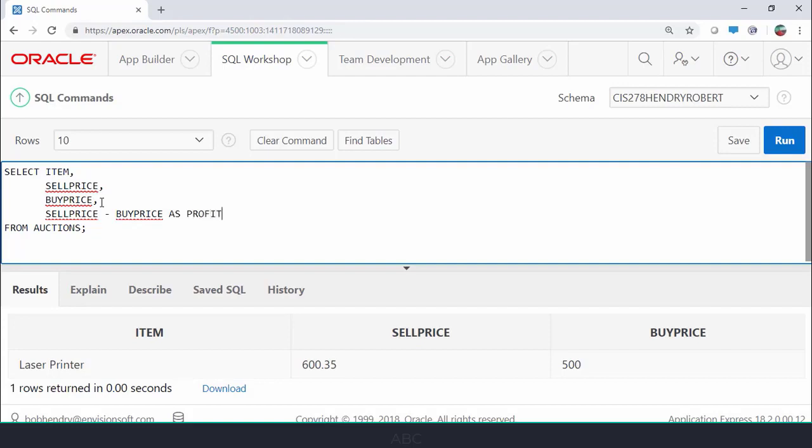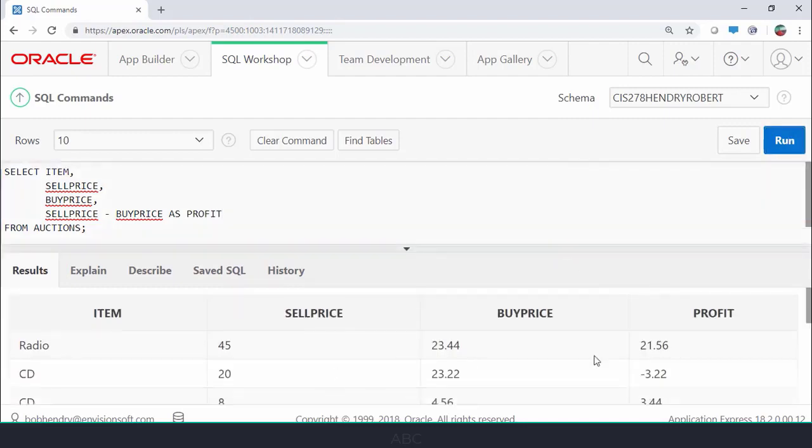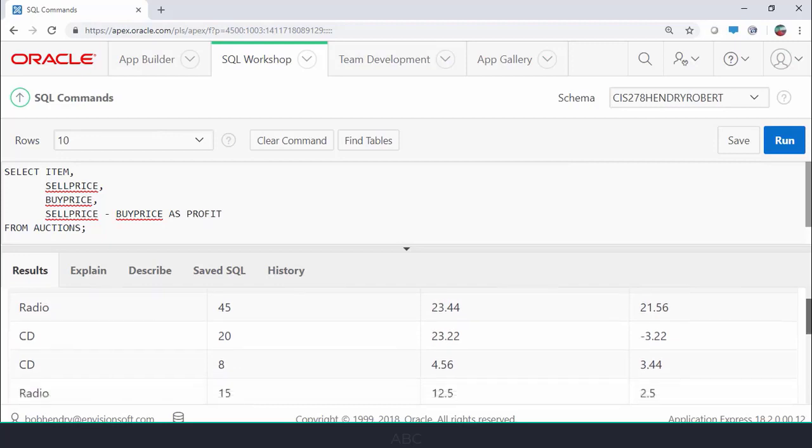All right, let's do this step by step. Start with this. Select item, sell price, buy price, where sell price minus buy price is profit. So this is going to list us our sell price and our buy price and our profit. So what we want is to show just which item sold for the largest profit.